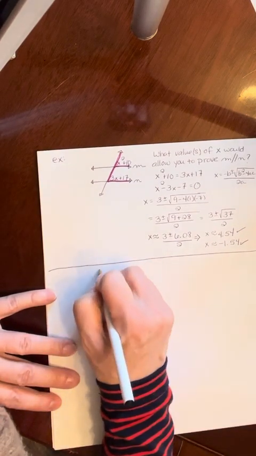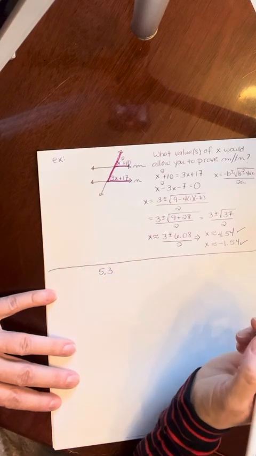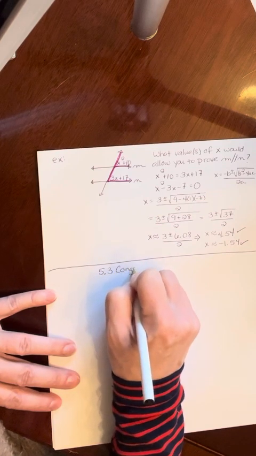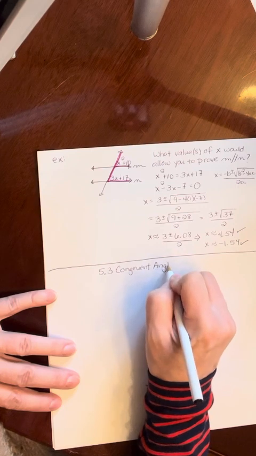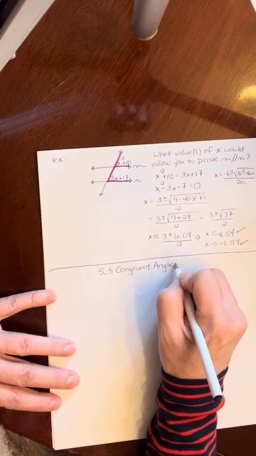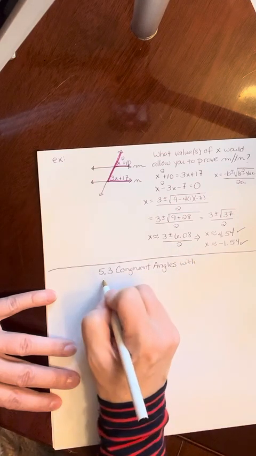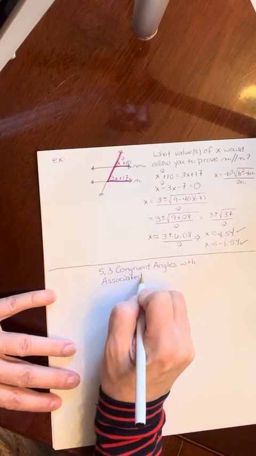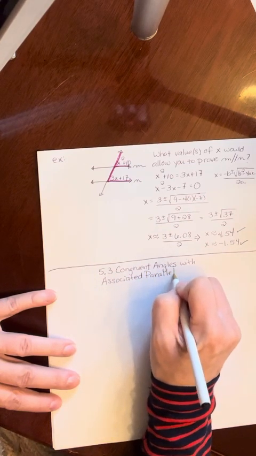Okay, we're on 5.3, and we are talking about congruent angles with, here's a big word, associated parallel lines.